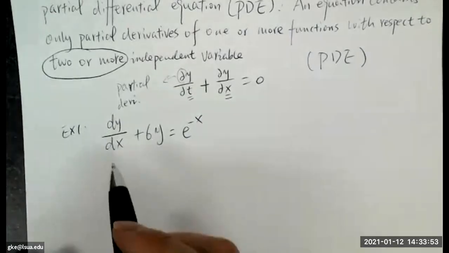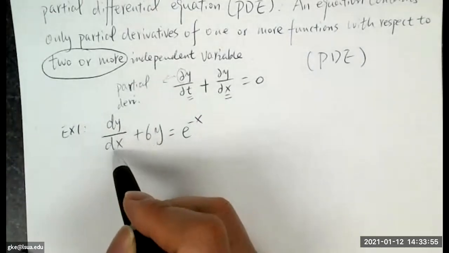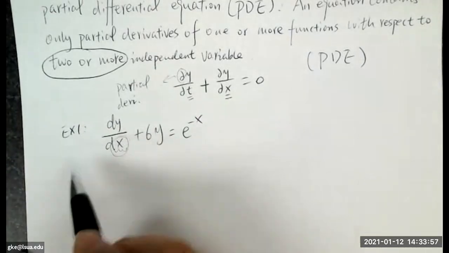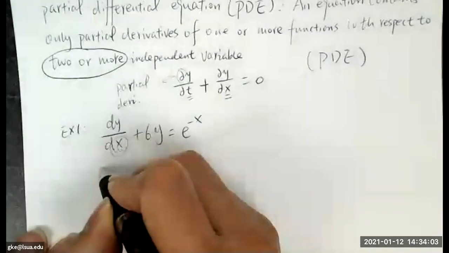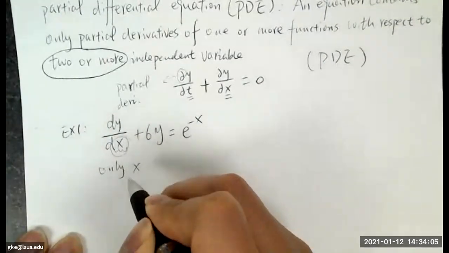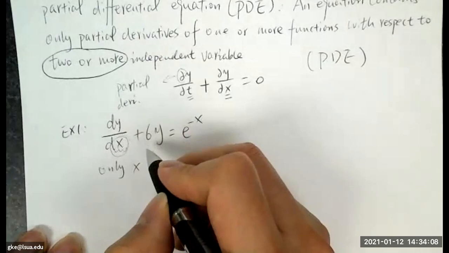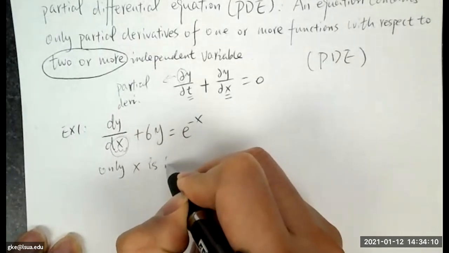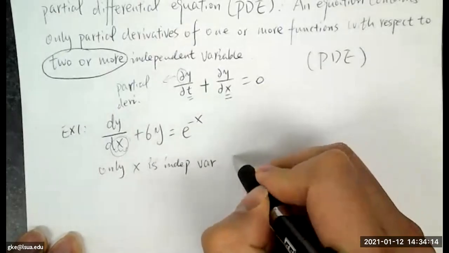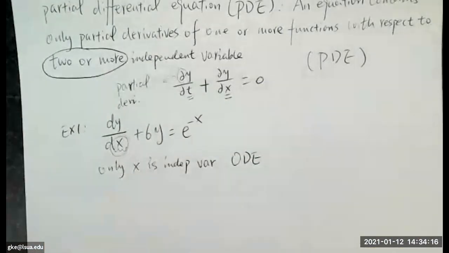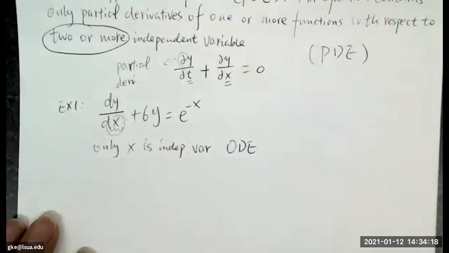Take a look at the derivative: here we have only one independent variable, so it's an ODE.